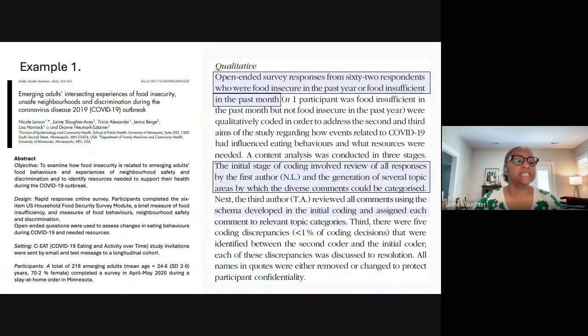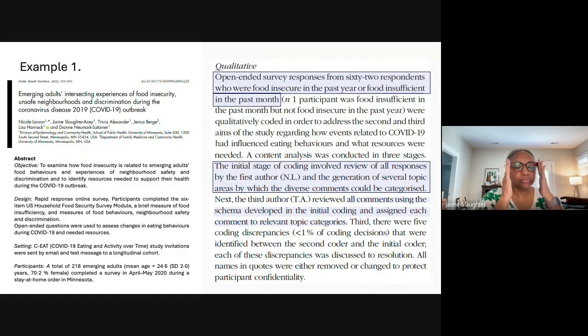So looking at food insecurity in relationship to emerging adults' food behaviors and experiences of neighborhood safety and discrimination. And we also wanted to identify resources that were needed to support their health during the COVID-19 outbreak.